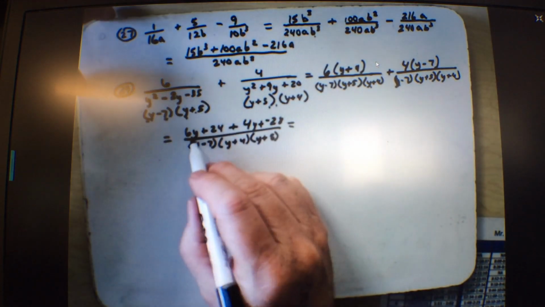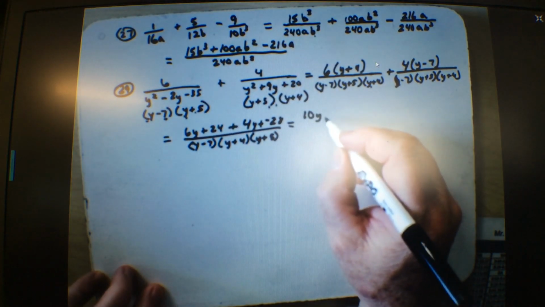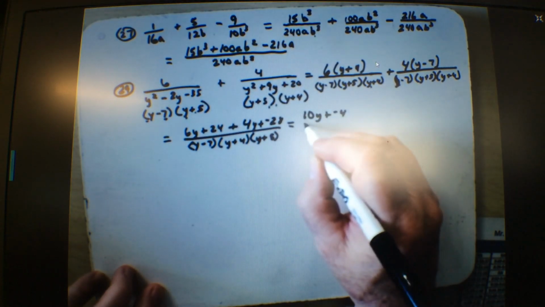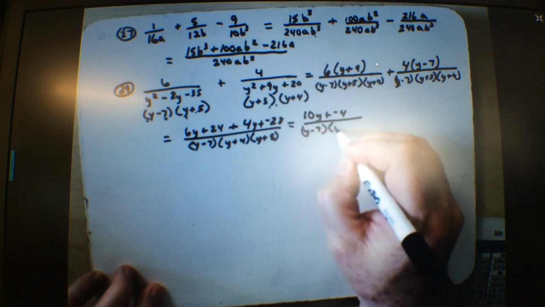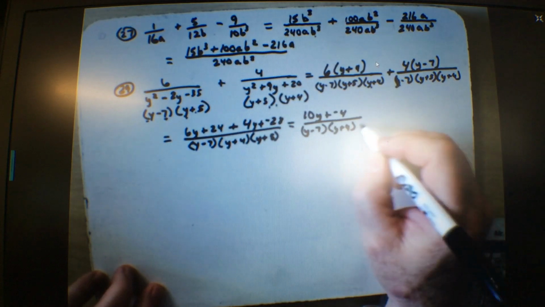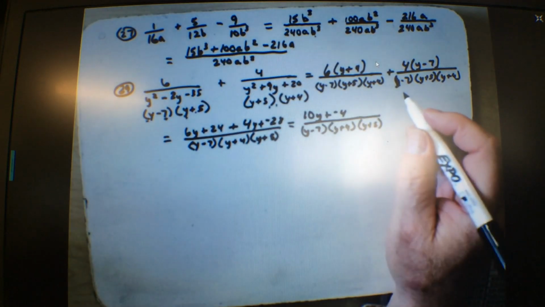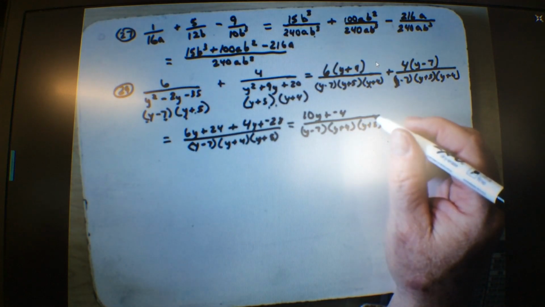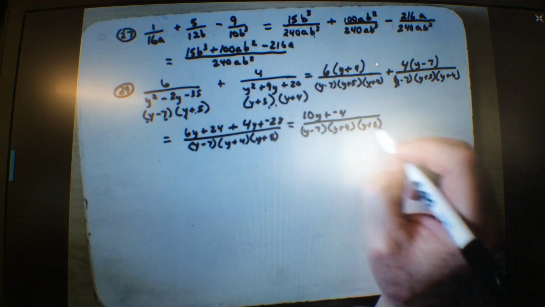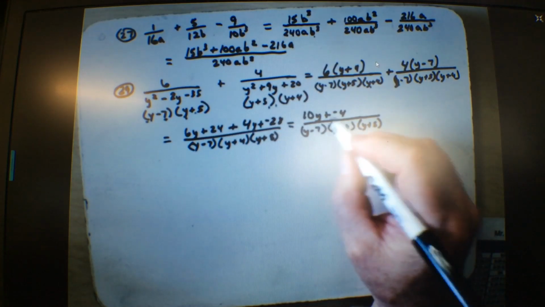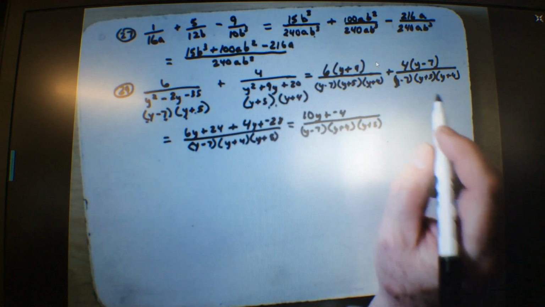I can take the 6y plus the 4y and get 10y, and 24 minus 28 is negative 4. Now you should check to see if you can factor. If I pulled a 2 out, I get 5y plus a negative 2. You don't have one down there, so you can leave it like that.